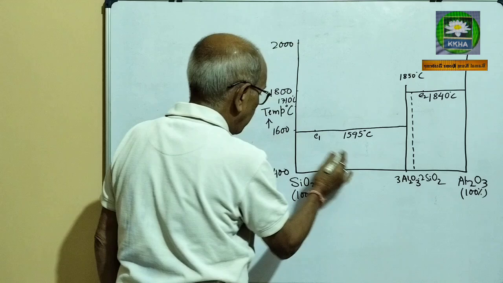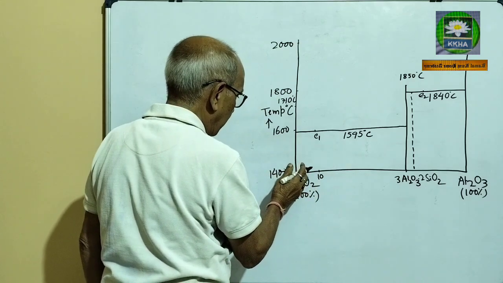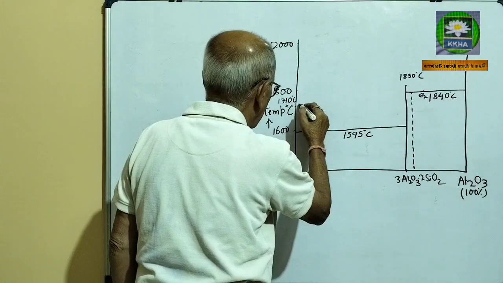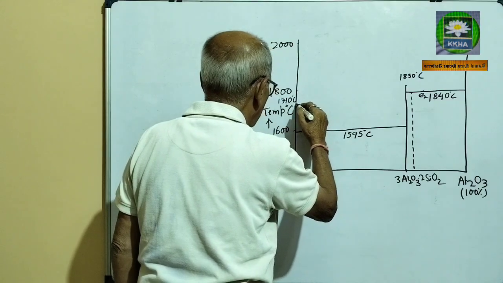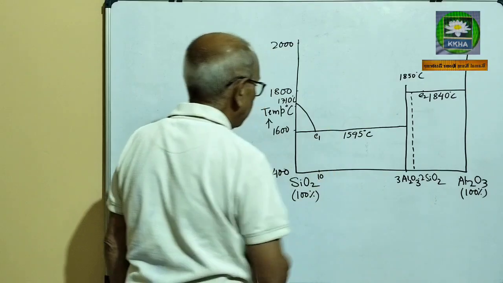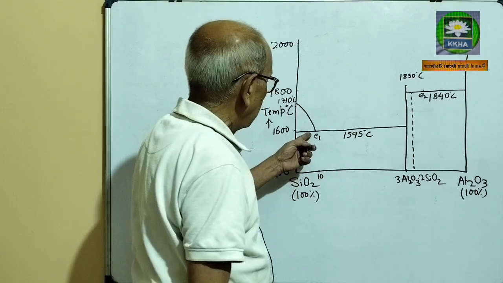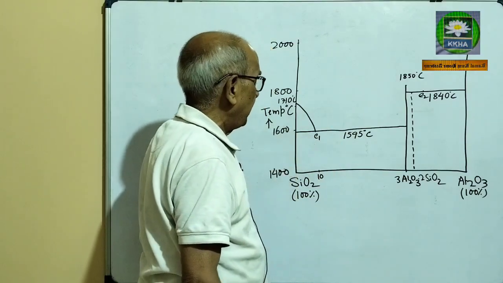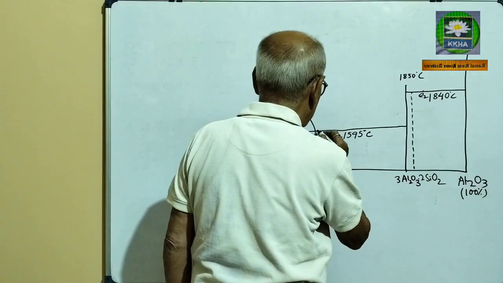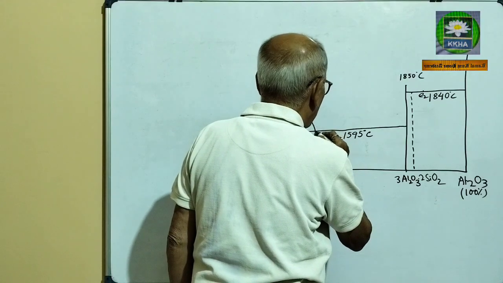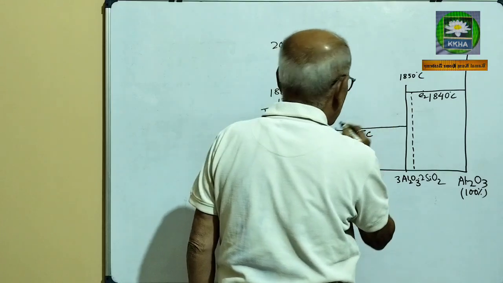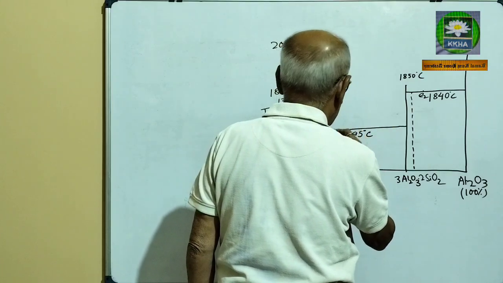So as alumina percent increases from 0 to 10, softening point of silica goes down. Here first eutectic forms. As alumina content increases, solid phase also increases and liquid phase decreases.